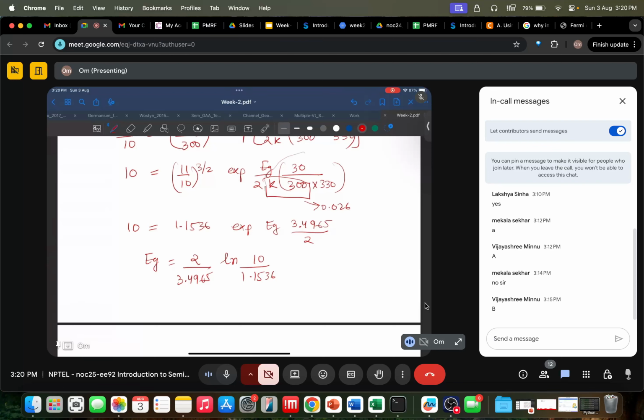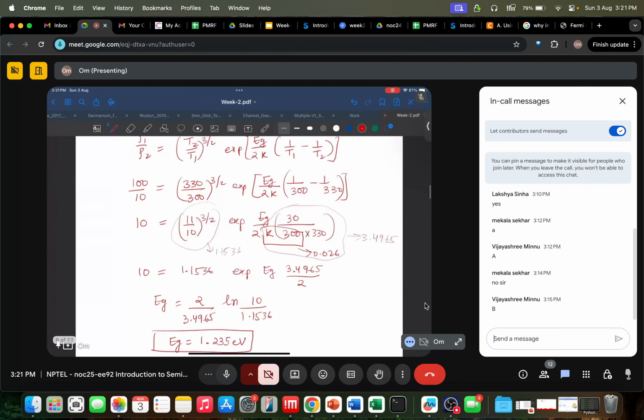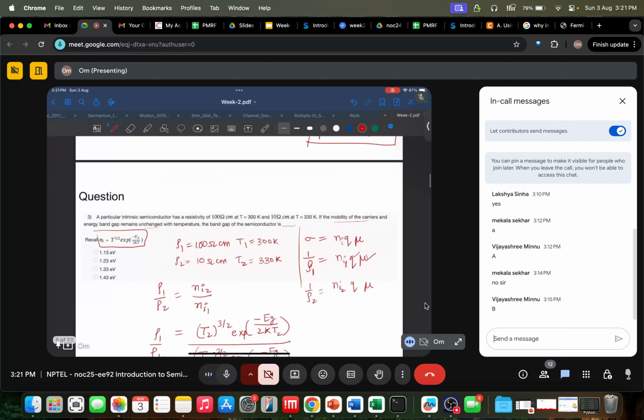So this whole value is 3.4965 and this value is 1.1536. So on solving this, we got 0.235 electron volt, which is option B.